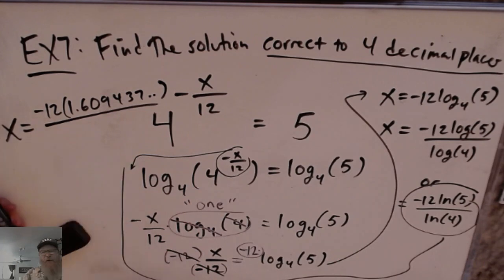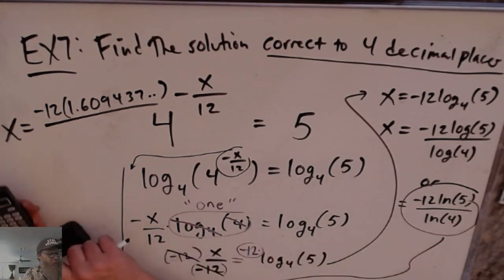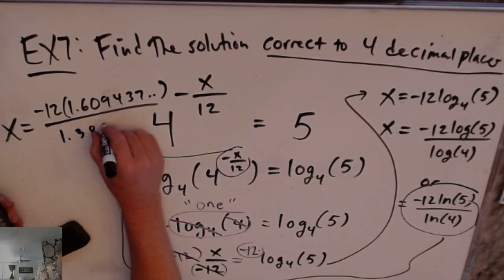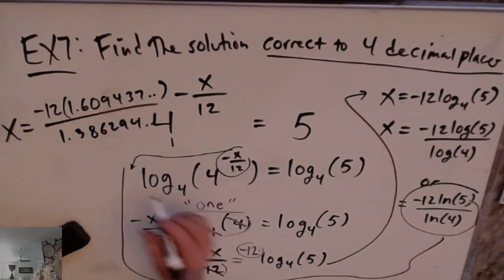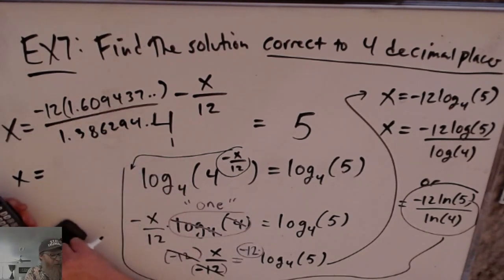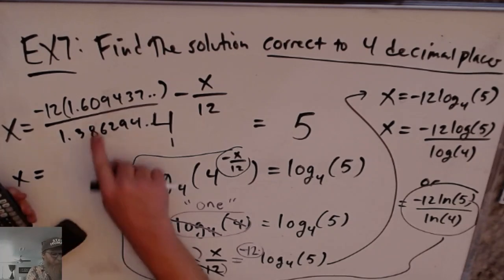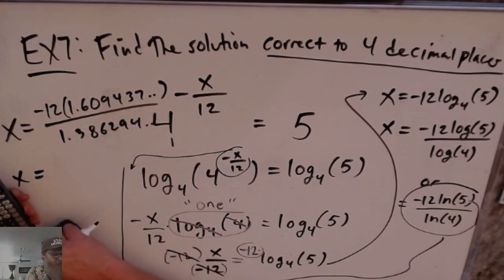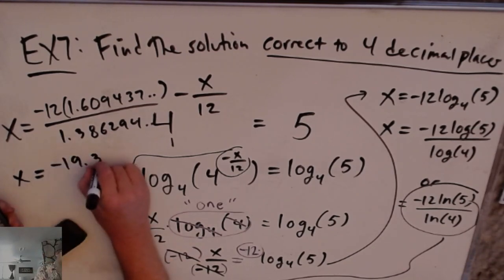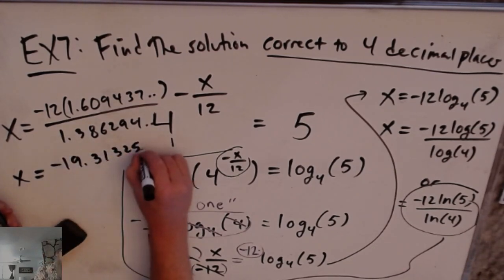And I put the negative 12 on the outside. Then I do the ln of 4: 1.3869294. Then I multiply the numerator by negative 12. So the numerator times negative 12. So now I have negative 19.31325.